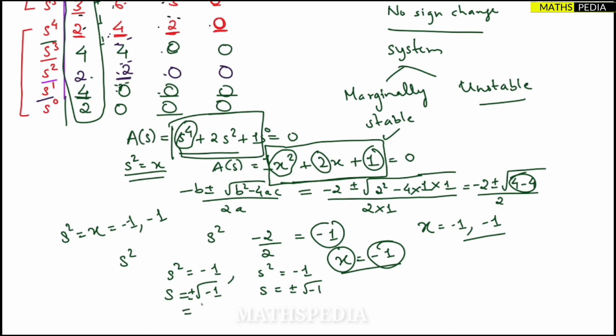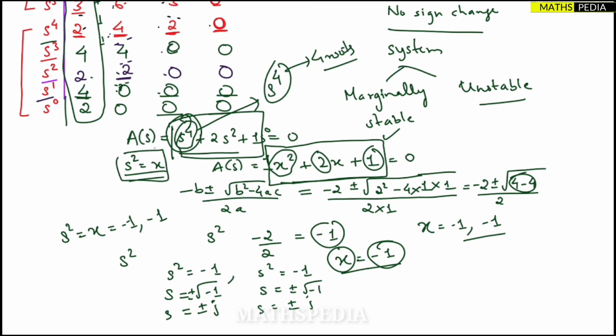That is nothing but I can write it as plus or minus j, and here also plus or minus j. Why am I getting 4 roots here? Because always remember you are finding this for s power 4. s power 4 means how many roots should be there? 4 roots should be there. Okay, starting out I replaced s square with x so that it becomes very simple for me to solve. A quadratic equation is simple for me to solve.